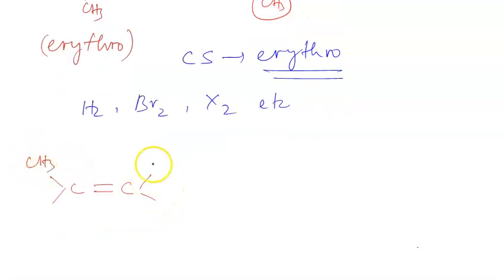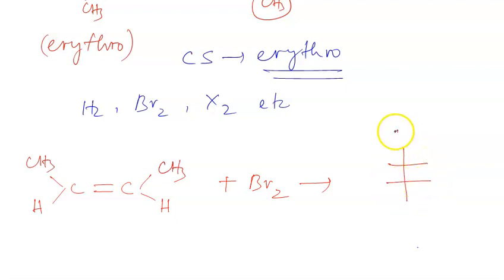Earlier we took 2-butene, so let us take the same 2-butene and add a bromine molecule. From the same side, we will get a similar product. This will be CH3, CH3, H, and here the electrophilic part is bromine and the nucleophilic part is also bromine.